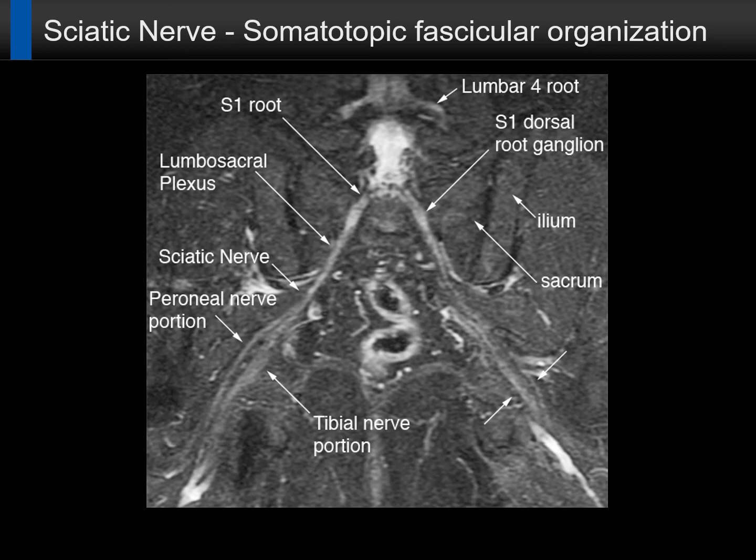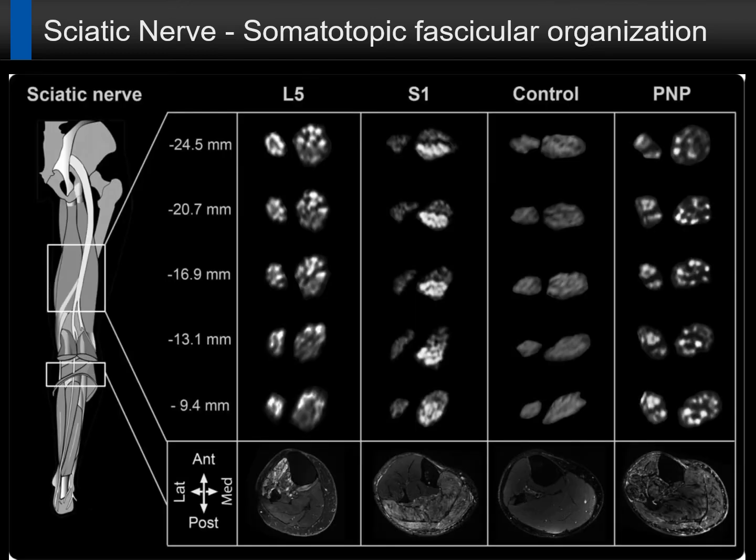An interesting aspect of the nerves, especially of the larger nerves, is that they also have contributions from different nerve roots. And this contribution can be seen, especially in the sciatic nerve, from the pelvic region down to the knee. If you, for example, perform an exam of the sciatic nerve, let's say in the mid thigh, you can really differentiate those parts of the nerve which originate from the L5, S1 or S1 nerve root.